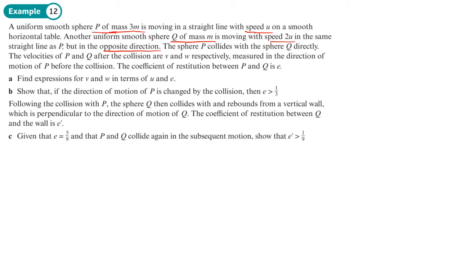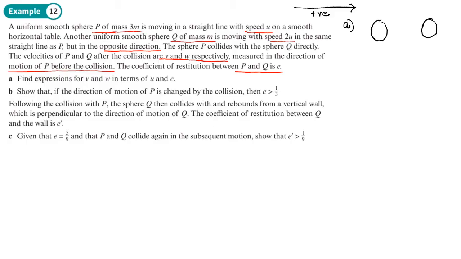The velocities of P and Q after the collision are w and v, and the coefficient of restitution is e, and v and w are measured in the direction of motion of P before the collision. Right, so I think it makes sense to choose this direction, the motion they were moving in before, as the positive direction.